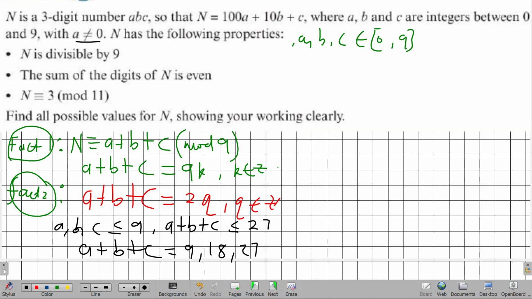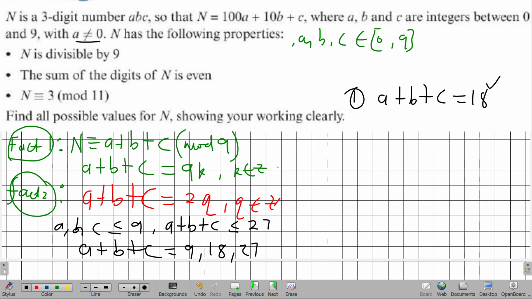But if a plus b plus c also has to be even, then the only possible case here is that a plus b plus c is equal to 18. That's the equation we need here. This is a very important fact. So this has been summarized by just looking at fact 1 and fact 2.